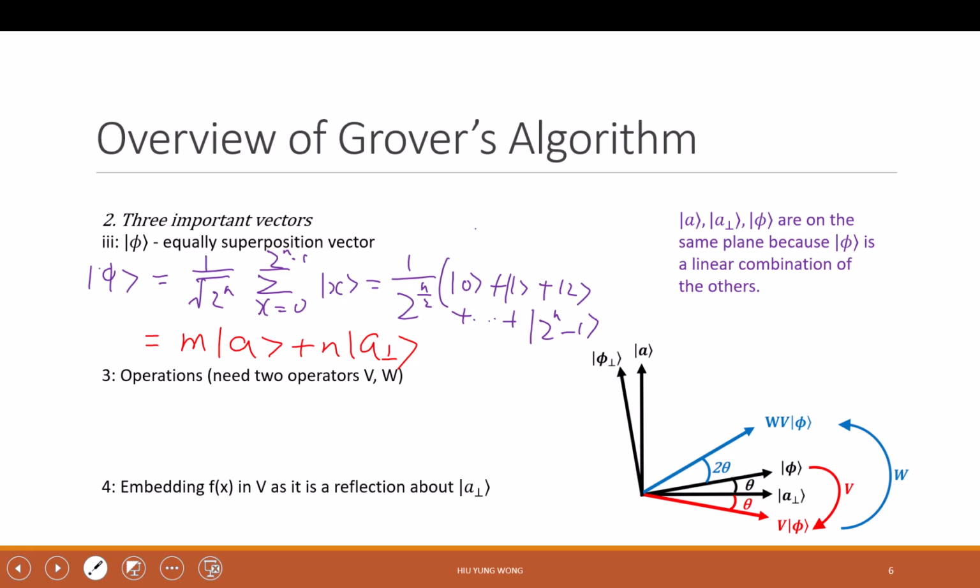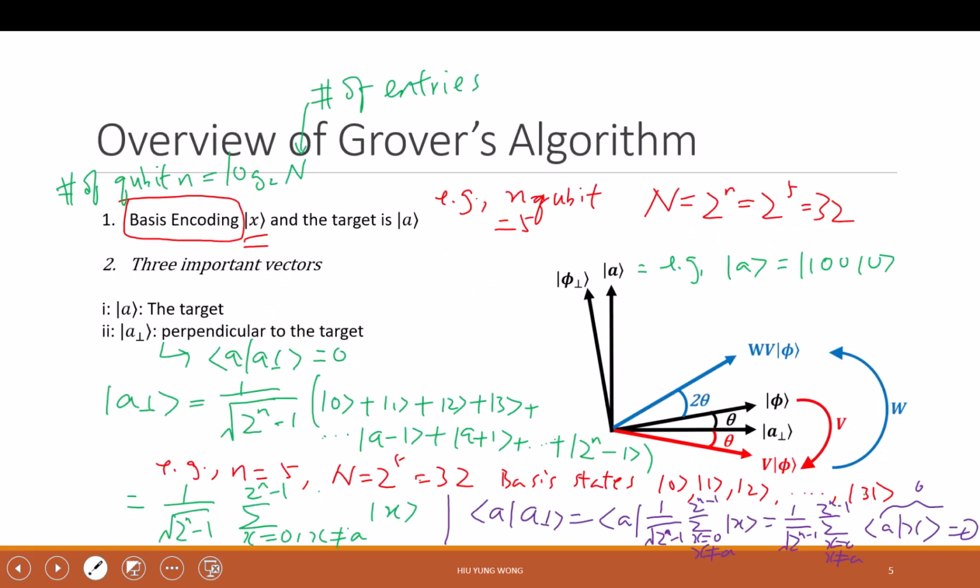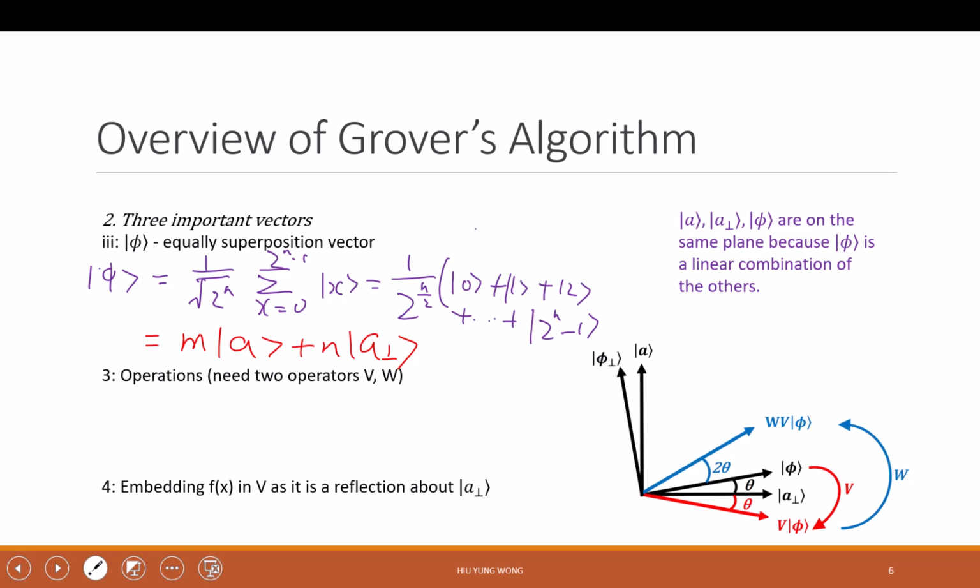Right? You do measurement. Let's say something like this, right? It's not 5, but eventually you have this wave function. When you do measurement, you collapse to A or collapse to A perpendicular.